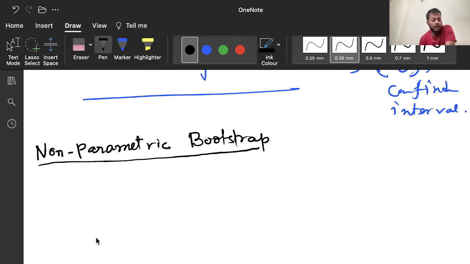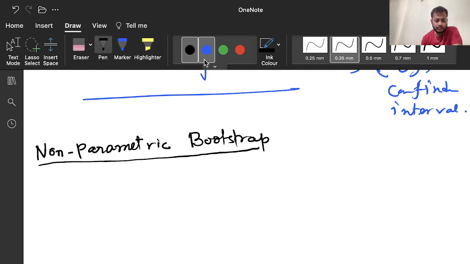So what does it mean? It means we will not assume anything else, and using the distribution on my hand, using the data in my hand, I will find most of the things that I require. So that is called bootstrap. Whatever I have in my hand, I will use that to find everything else.